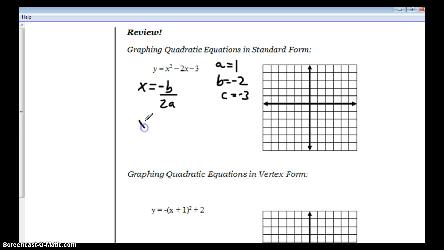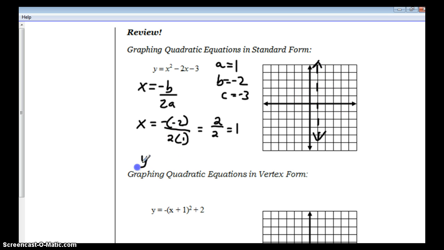For our axis of symmetry, x equals the negative of -2 over 2 times 1, so that would give us 2 over 2, which equals 1. Our axis of symmetry, remember, is the vertical line that cuts the parabola in half and allows you to use that to plot other points.